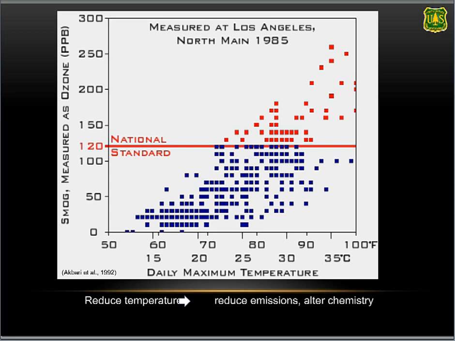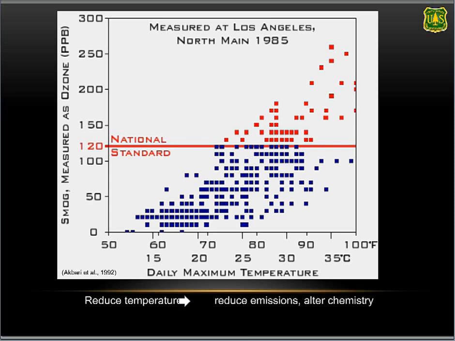Because when you get warmer temperatures, you tend to get more emissions, because many emissions are temperature dependent. You also have altered photochemistry. So as you have warmer temperatures, the formation of ozone, remember ozone is a secondary pollutant, tends to accelerate due to warmer air temperatures. So if you can cool the temperatures down, we tend to have less ozone and less emissions.